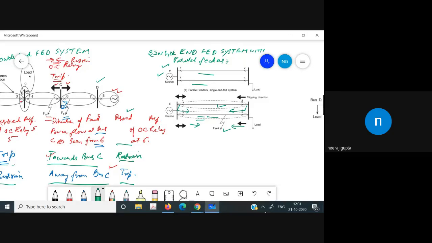So in that very case, we have to use the directional relays along with the overcurrent relays. Now, if the directional relays are not provided along with the overcurrent relays, then the desired zones are not generated.